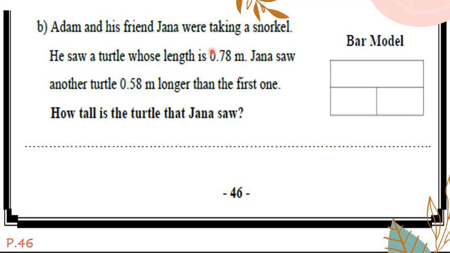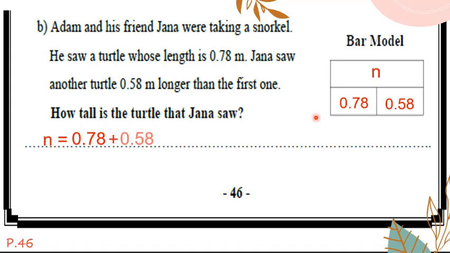That means this is the first part and this is the second part, and I want to get the total. So let me write in the bar model. N is the variable that I want to get, and part 1 is 0.78, and 0.58 in part 2. To get n, I will use plus: part 1 plus part 2.